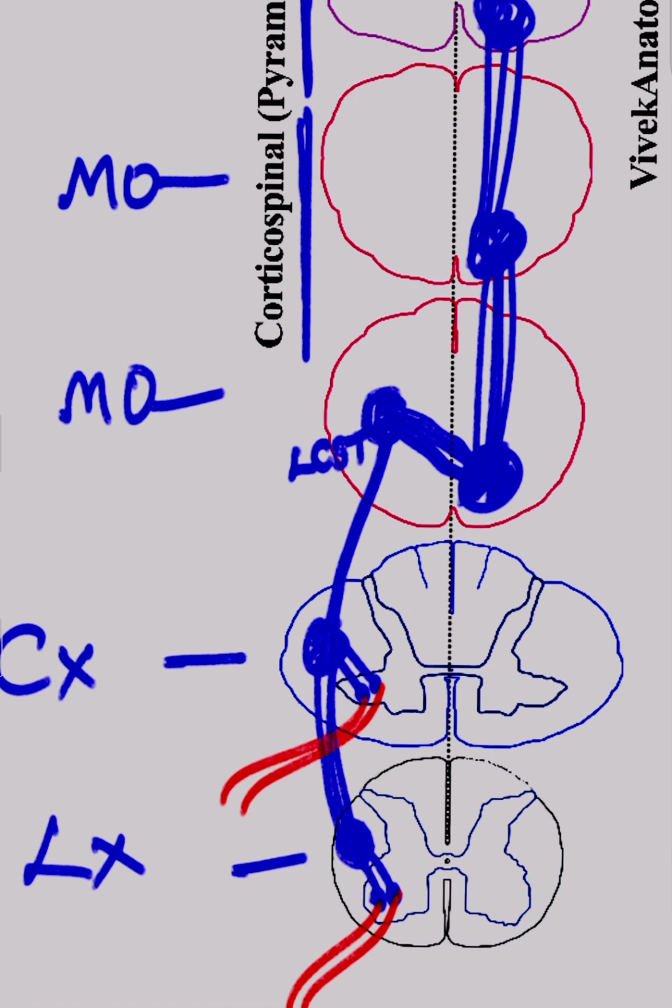What happened to the remaining 15% of the fibers from here? They come down as the uncrossed anterior corticospinal tract, obviously in the anterior part of the spinal cord. They supply the anterior horn cells on the medial part of the anterior horn.